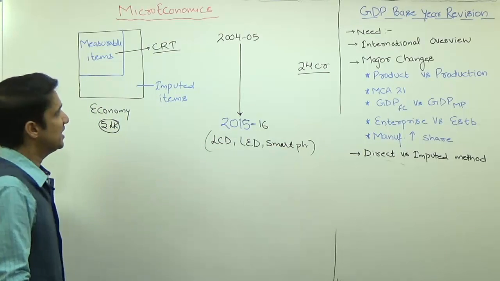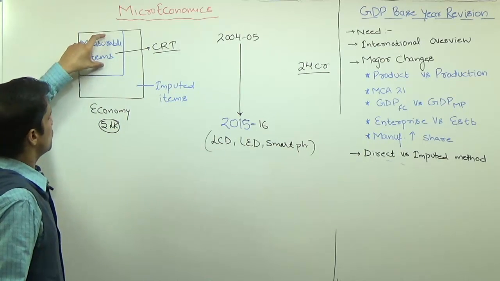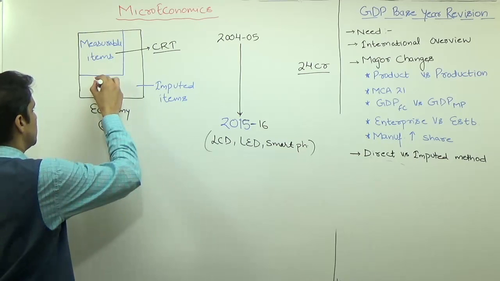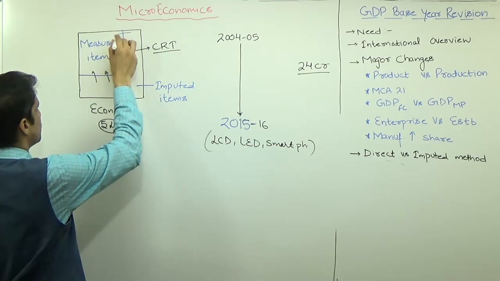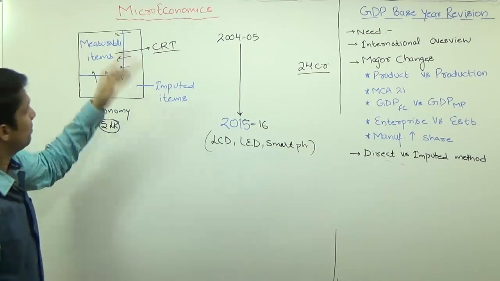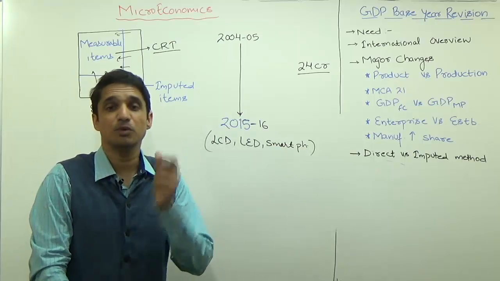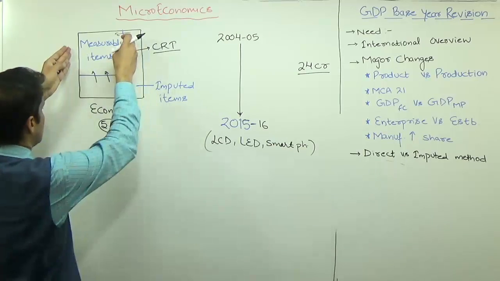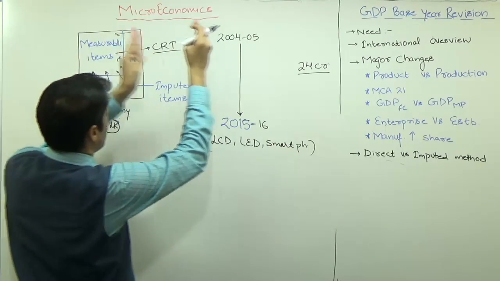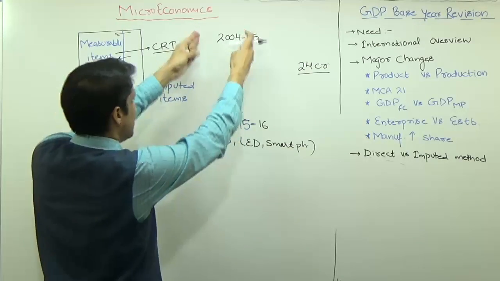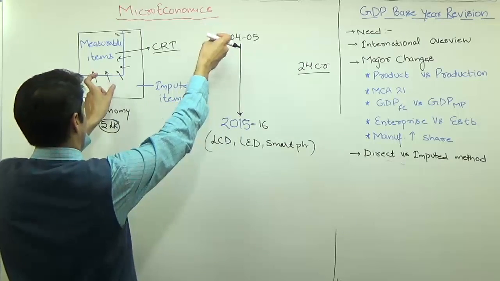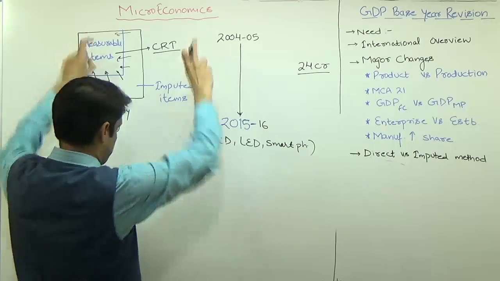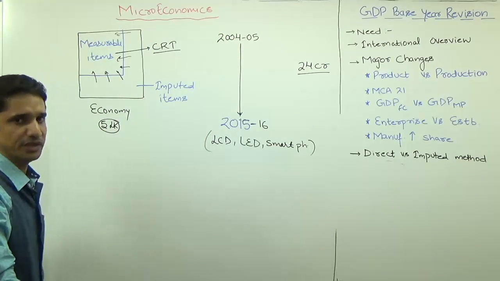But while calculating GDP, if your basket is fixed and you are not adding the new measurable items, you are only comparing, just like in the case of WPI, which we discussed: there is a basket, and its price is compared with the price of the same basket in two financial years, and whatever is the increase in the prices of the same basket will be the value of inflation.